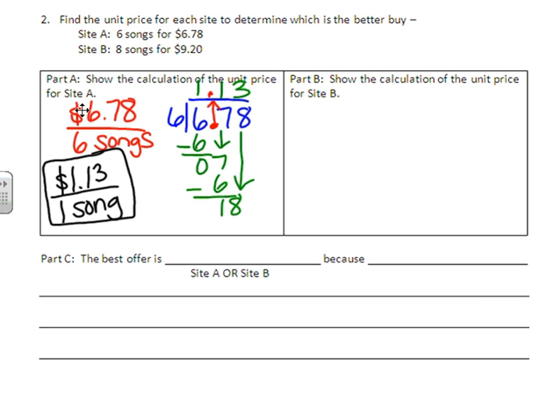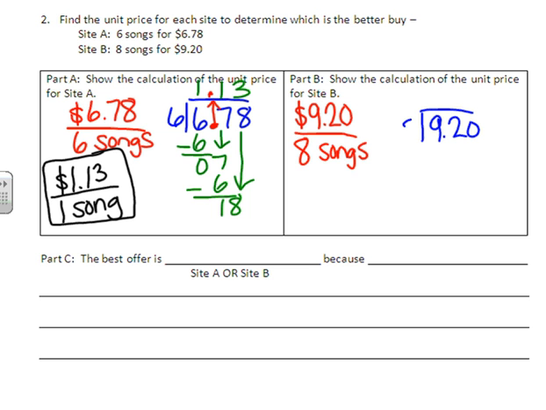Part B, I'm going to set this up the same way. This time it is $9.20 for 8 songs. So I'm going to divide $9.20 divided by 8. 8 goes into 9 one time.